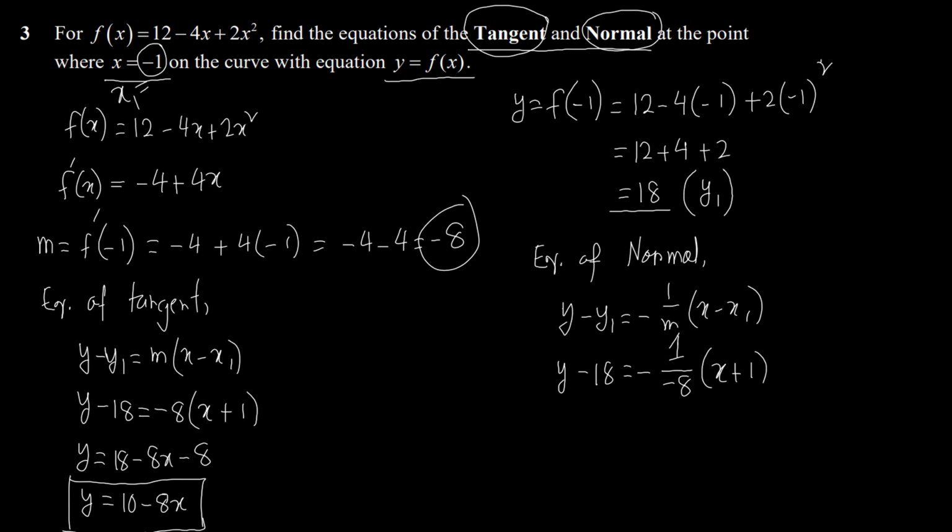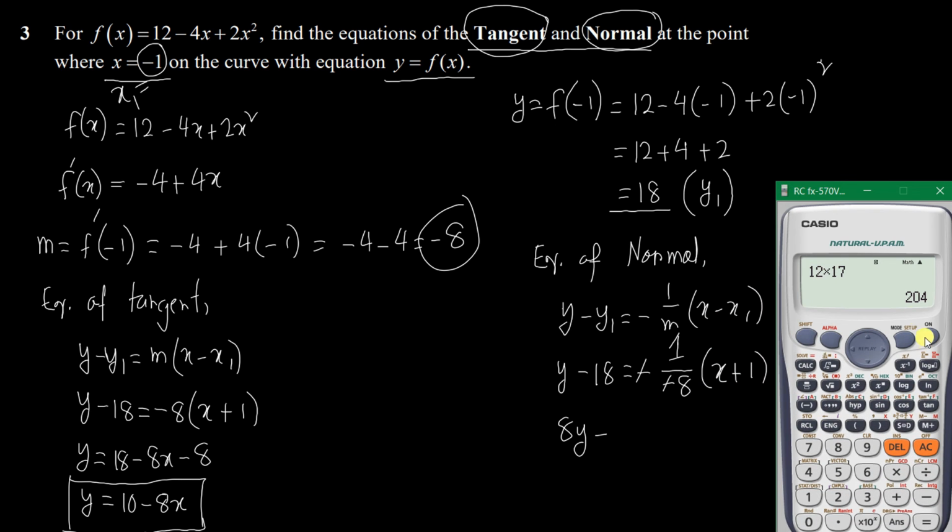Now we can cut out these two minus signs, so let's write here 8 into 8y minus 18 into 8. Let's see the value. 8 into 18, what is the value? 8 into 18 value we got from here 144.